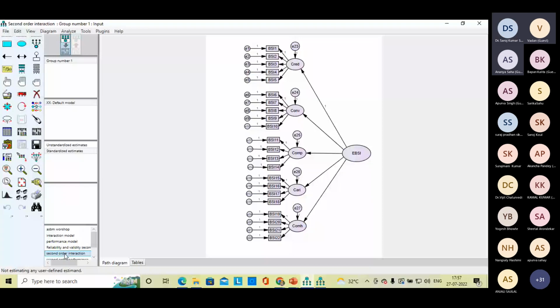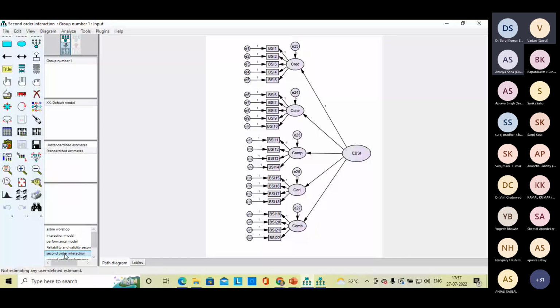We measured credibility by 5 indicators, from the literature. Convenience by another 5 indicators, also from literature. Compatibility by 4 indicators, caring by 4 indicators, and comprehension by 4 indicators.